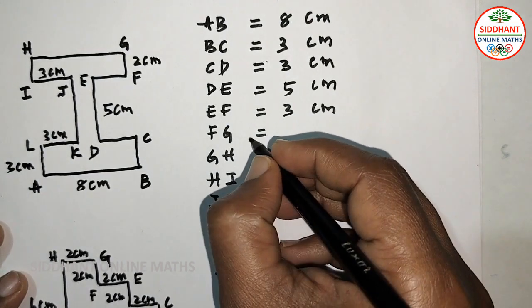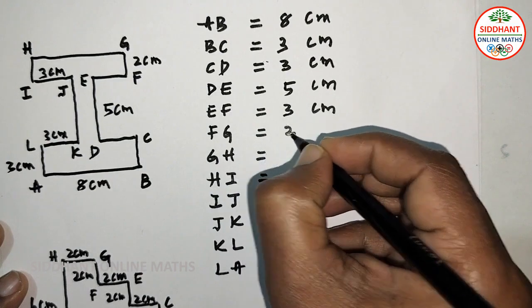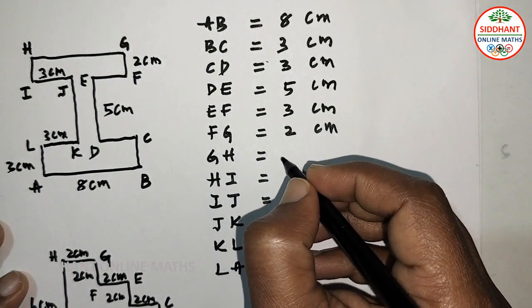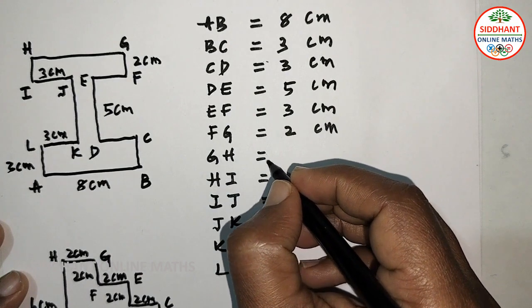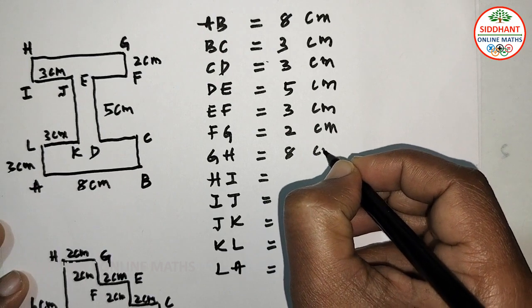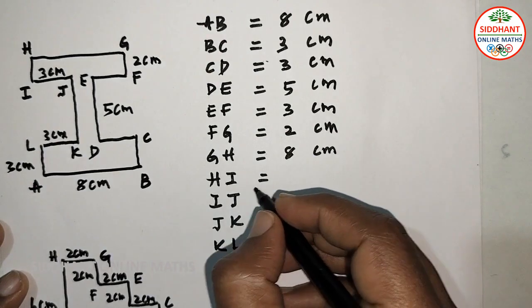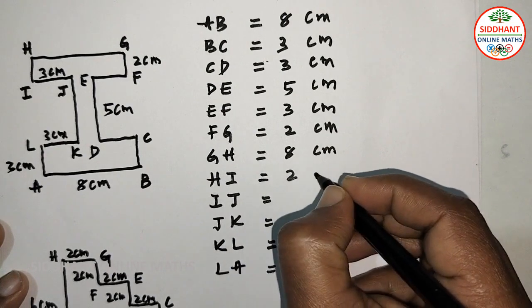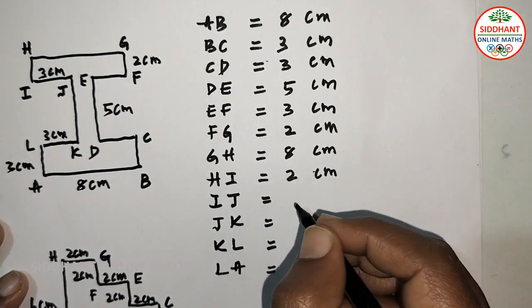Next FG, which is given as 2 centimeters. Next GH, which is equal to AB, so that is 8 centimeters. Next HI, which is equal to GF, that is 2 centimeters.